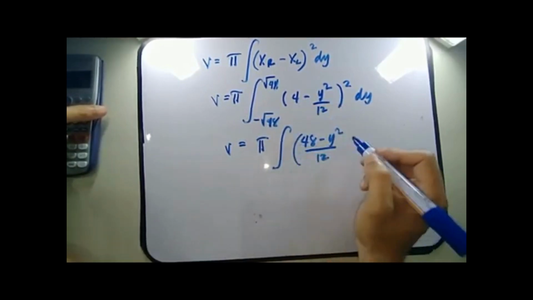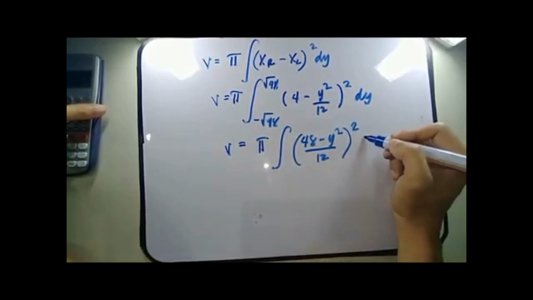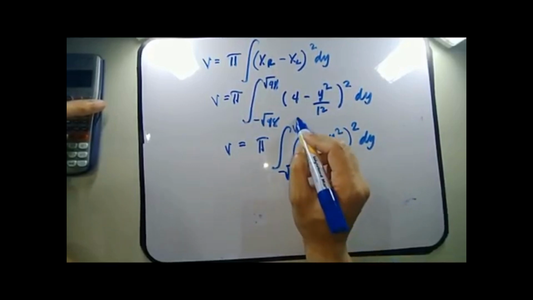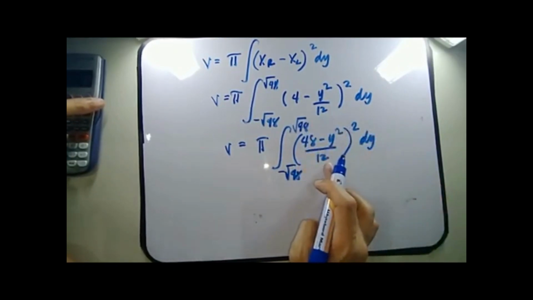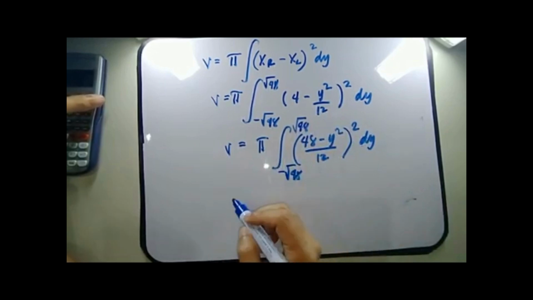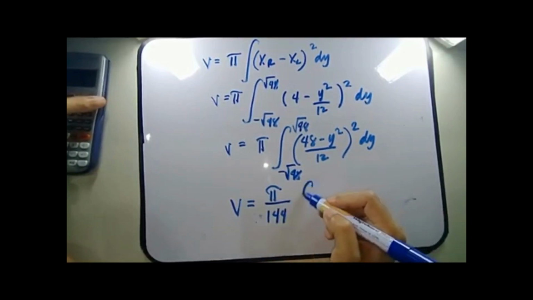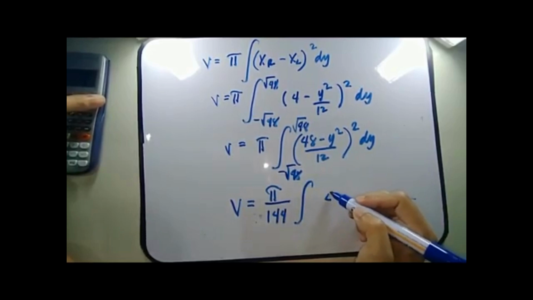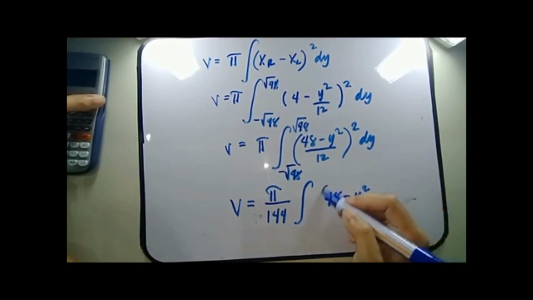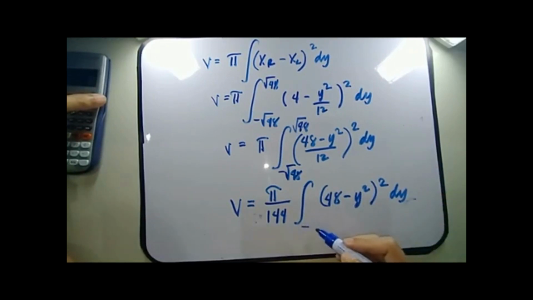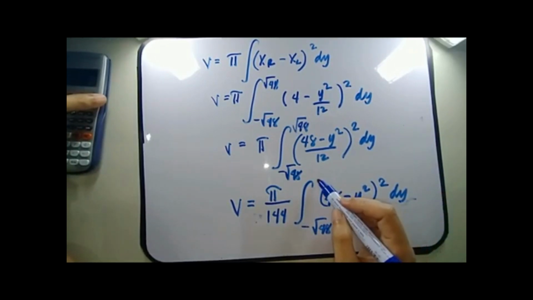Let's combine the 4. The 12 squared, let's take it out. So, volume equals pi, 12 squared is 144, integral of 48 minus y squared, quantity squared, dy, from negative square root of 48 to square root of 48.